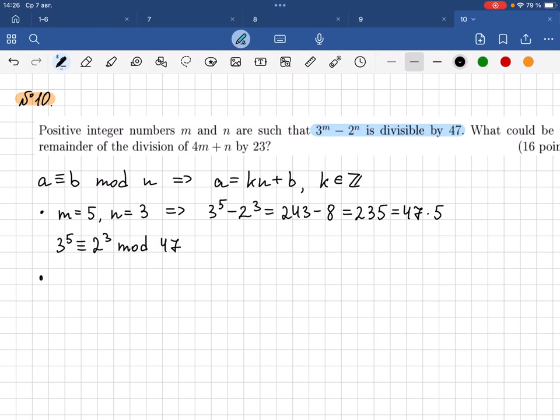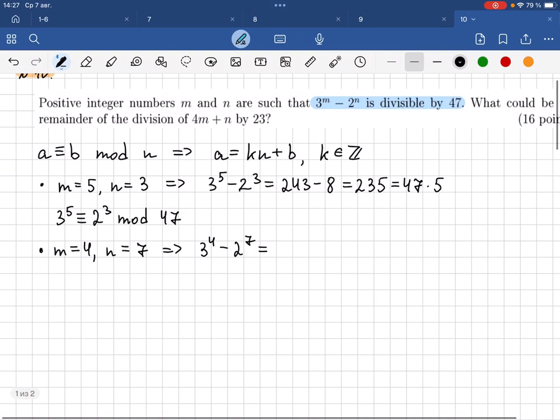Let's move to another pair of powers that gives us something that is divisible by 47. m equals 4 and n equals 7. So 3 to the power of 4 minus 2 to the power of 7 is equal to 81 minus 128, which is equal to minus 47.